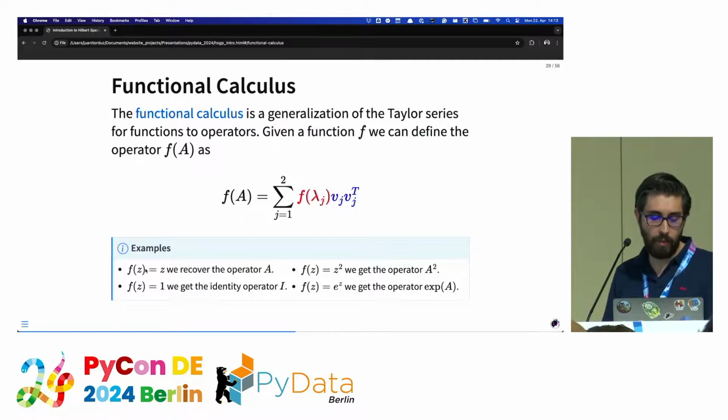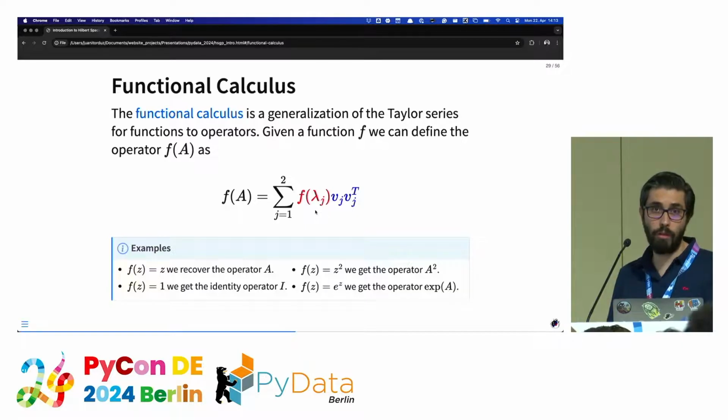Easy examples: if you have the identity function, you recover the operator A. If you set f equal to 1, this is just going to be the identity matrix. You can take the square just by taking squares of the eigenvalues, and you can take exponentials of matrices just by taking the exponentials of these eigenvalues.